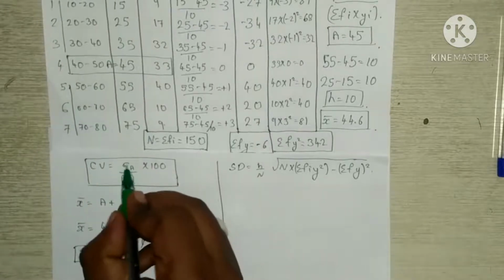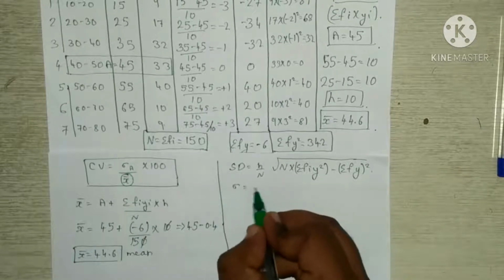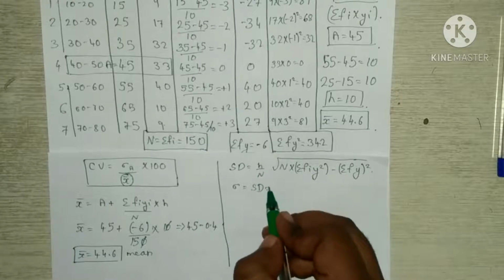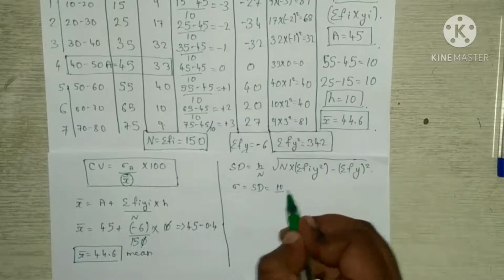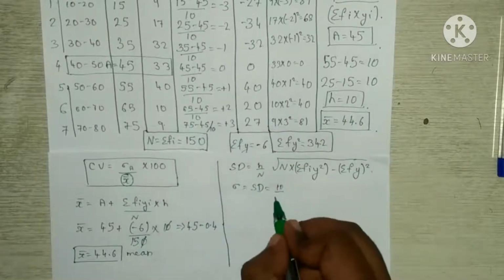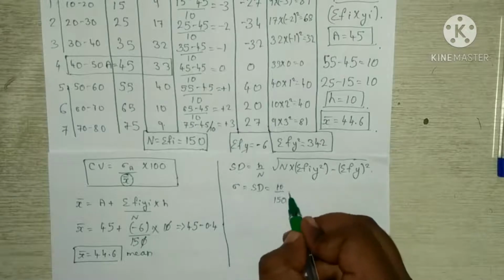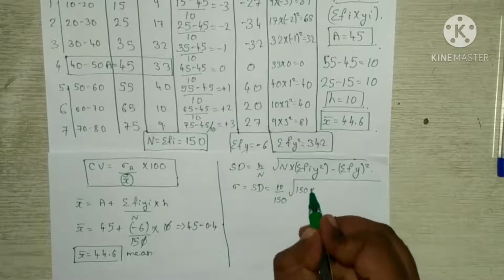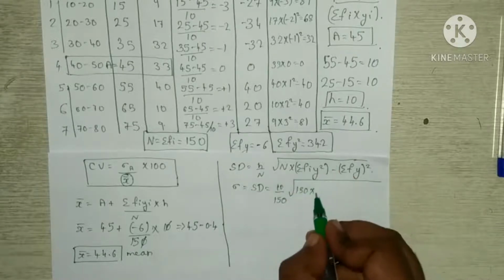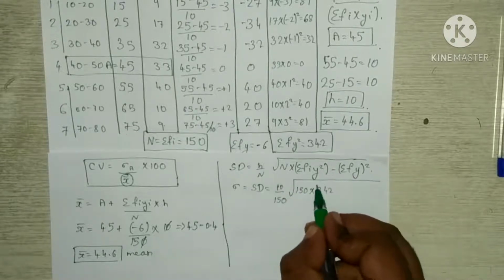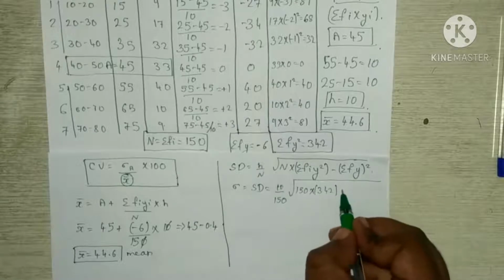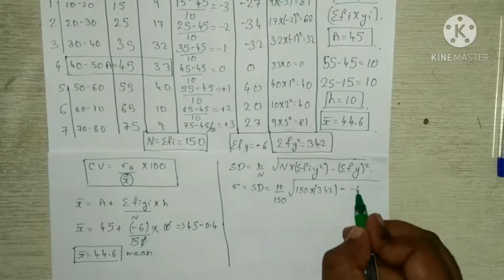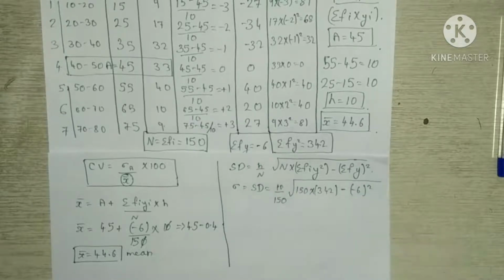You got the x bar value. You need to get sigma. Standard deviation sigma, SD, is equal to h by n, where h is 10 and n is 150, root over n into summation f into y square, which is 342, minus summation f into y, which is minus 6, to the whole square.